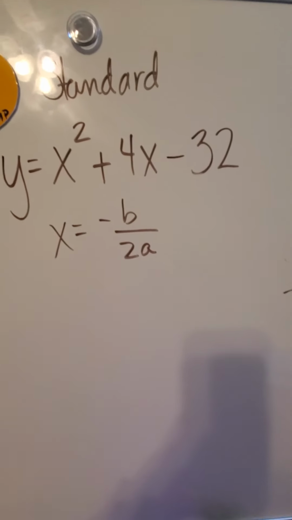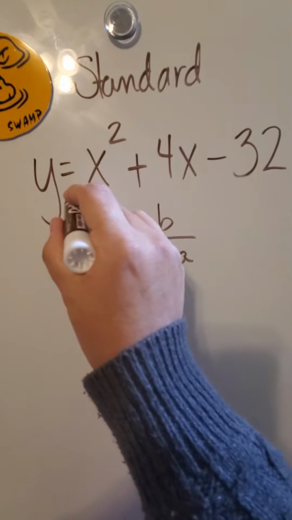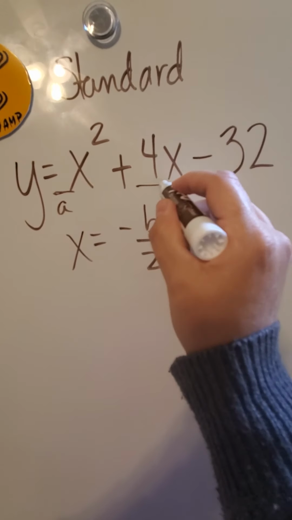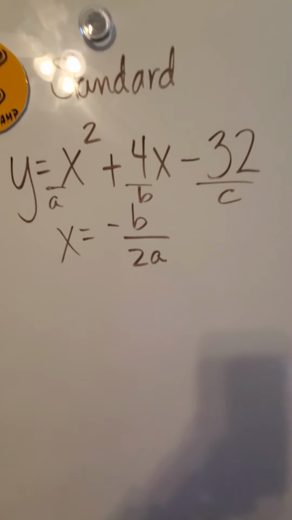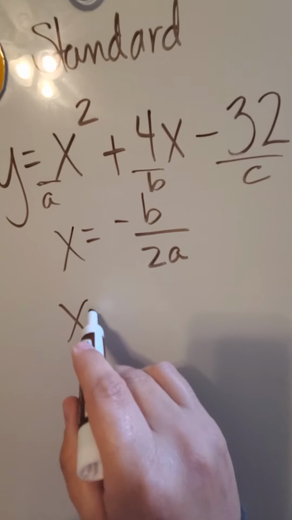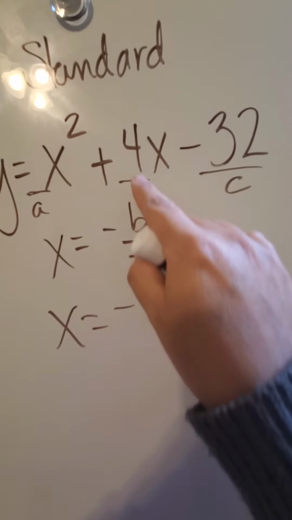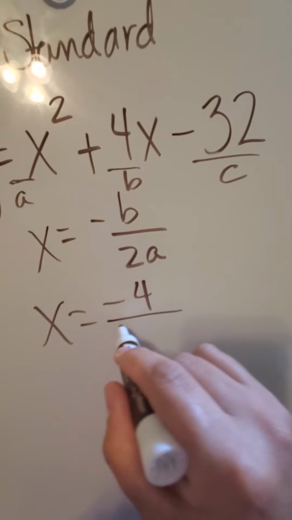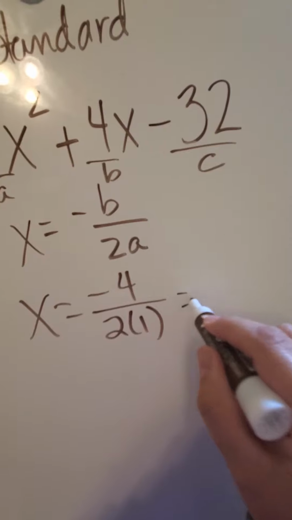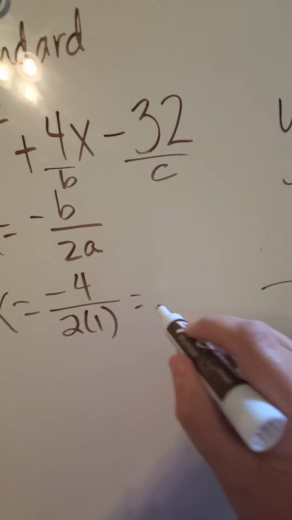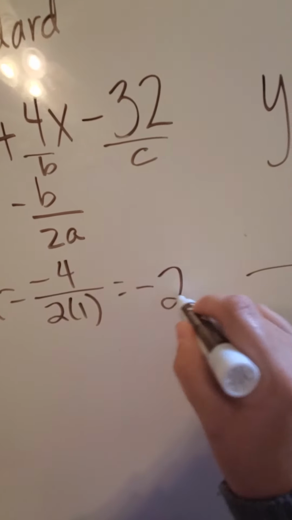Remember from before, this number here is a, this number here is b, this number here is c. I really don't need to know c, do I? So in this case, x equals negative b, which is 4, so negative 4, over 2 times a, which is 1. Then negative 4 divided by 2 is negative 2.